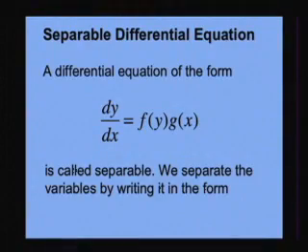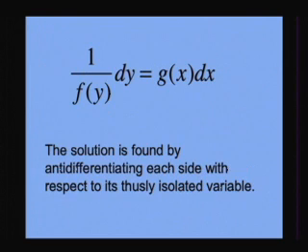A differential equation of the form dy/dx equals f(y) times g(x) is called separable. We separate the variables by writing it in the form 1 over f(y) dy equals g(x) dx.